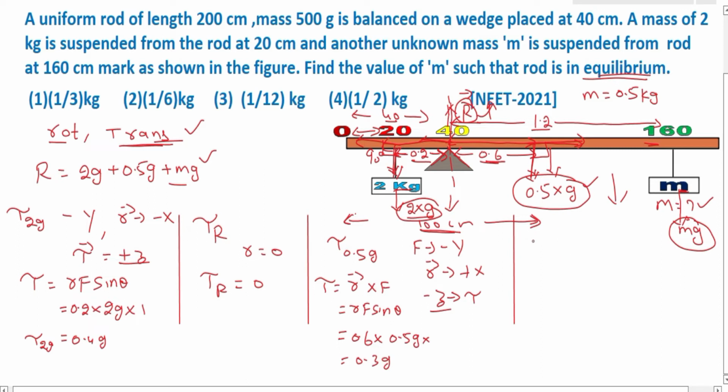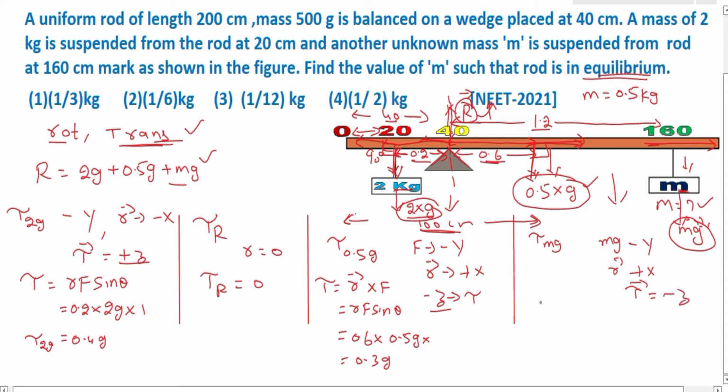Now let us calculate the torque due to mg, that is the torque due to this force. This force mg is along the negative y direction, and your r bar is along the positive x-axis. You have to curl your finger from positive x-axis to negative y-axis, then your tau bar will be along the negative z-axis.